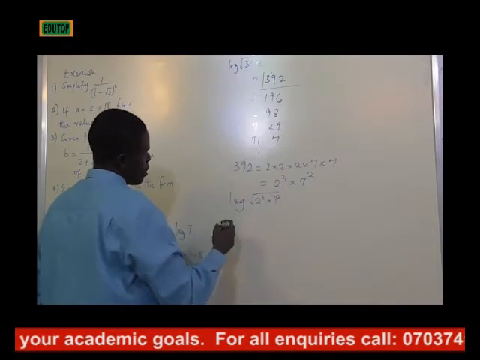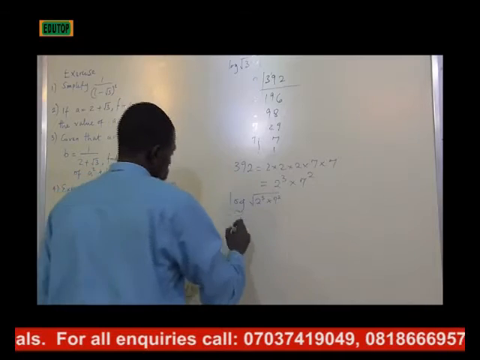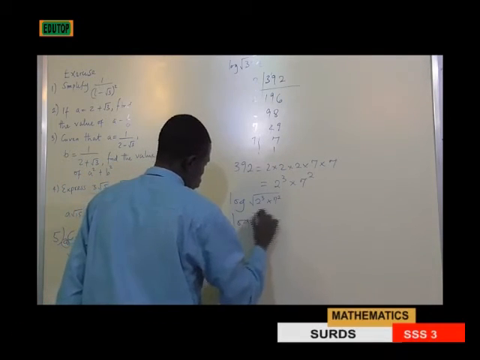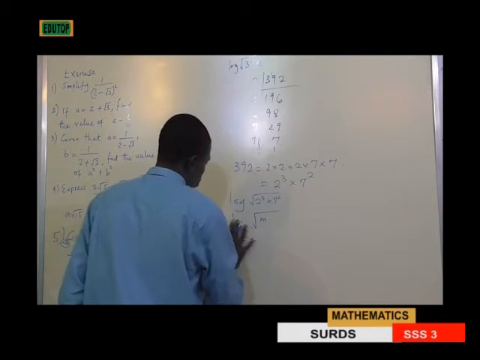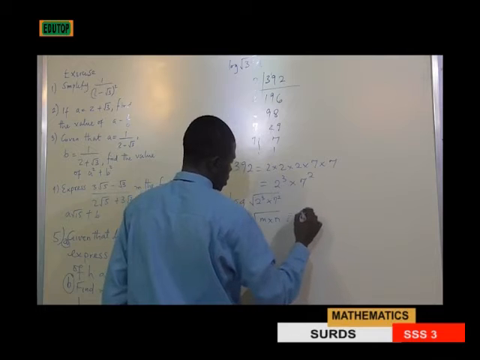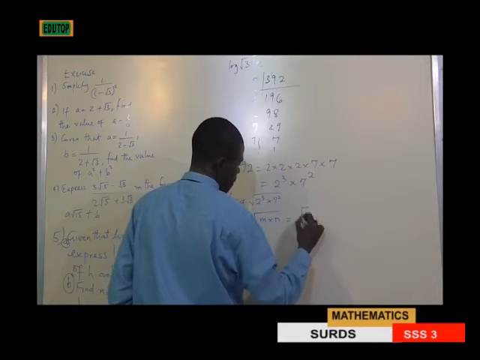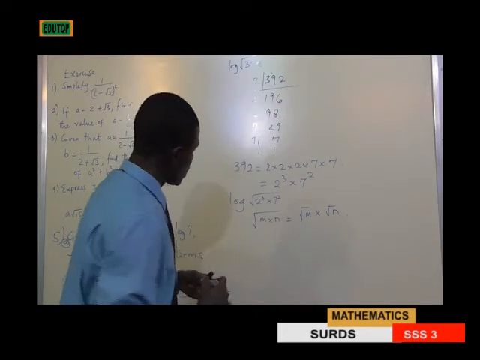And remember, one of the rules of surds is that when you have root of m times n, it can be root m times root n. That is the first rule in surds.